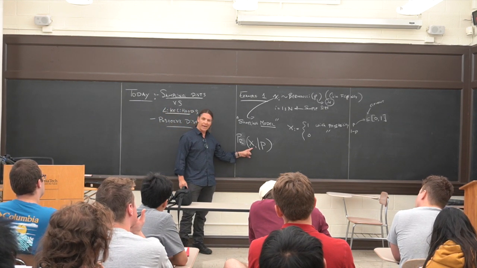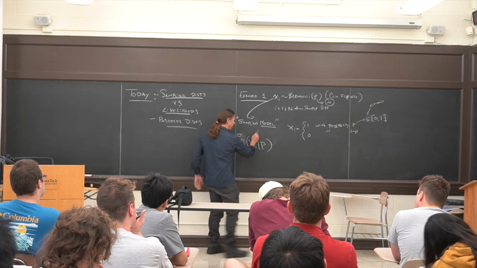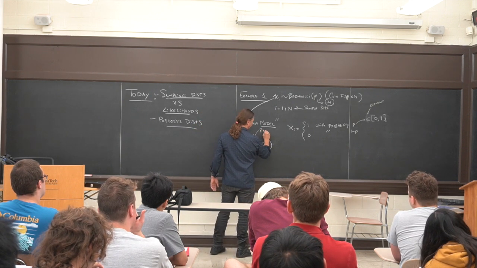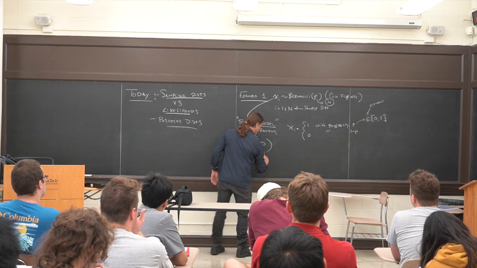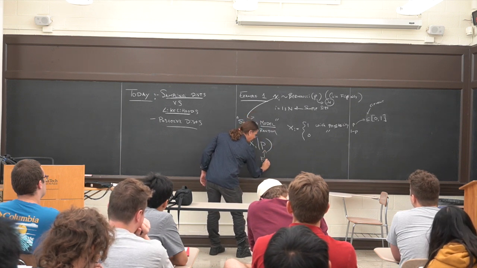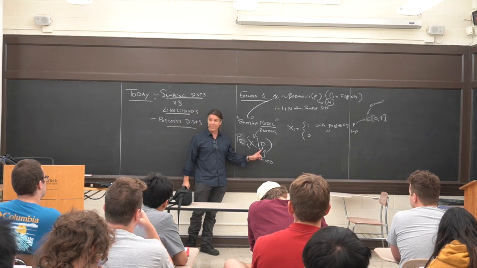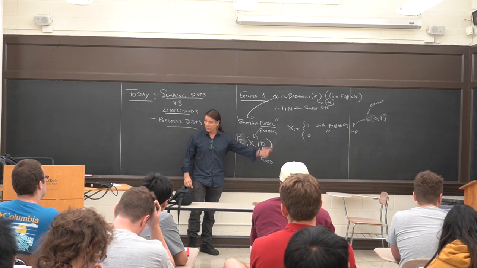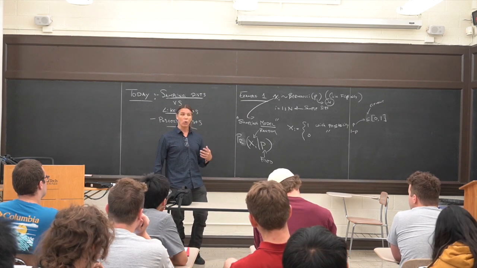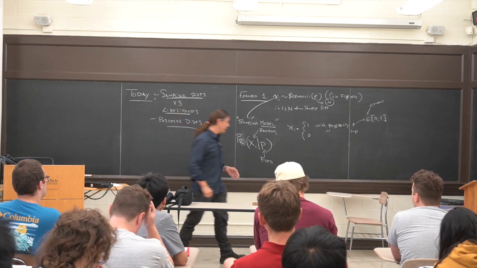It's a function of xi. This is random, and this number is fixed. If I'm going to sample from this distribution, I need to know what p is, and it can't change as I'm flipping the coin. Otherwise, the distribution would not be IID.